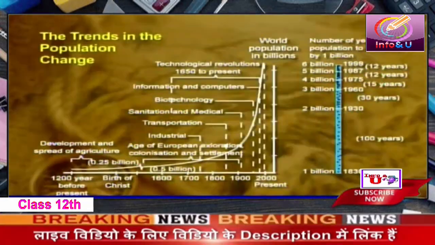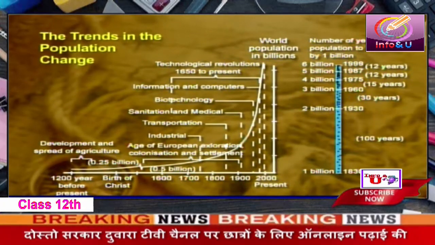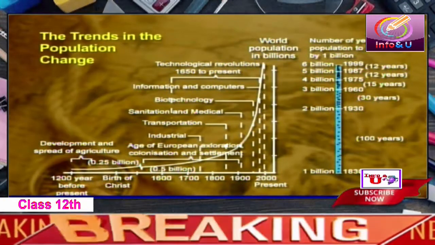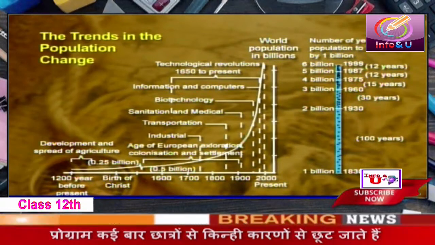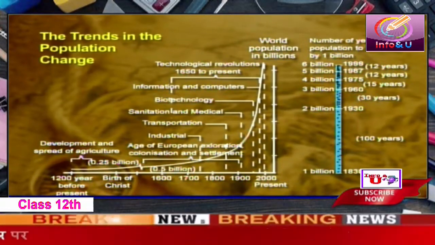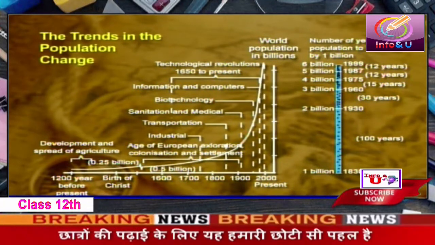Let us look into the graph given here, which explains the trends in the population change. The given graph shows the trends in population growth of the world from the early period to the present day. It would be convenient if we divide the timeline into a few segments.